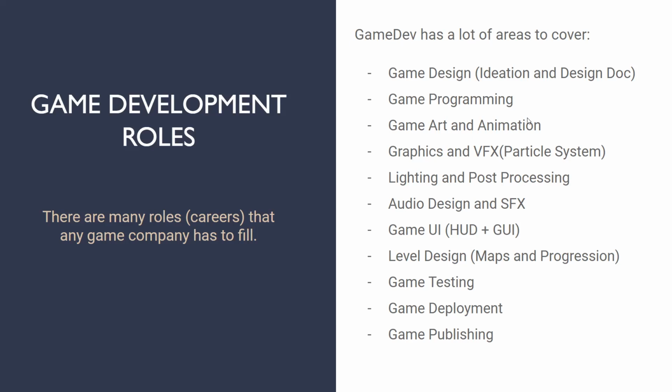Then comes, of course, level design, which is making maps and adding progression to the game. Level design is one of the elements of game design, which comes in the later stages, after creating your prototype. After creating a prototype, you have certain problems, like, okay, we have a game, we have a core mechanic.